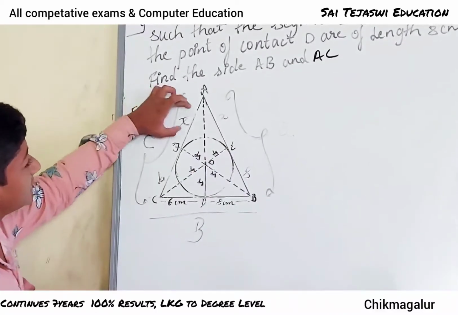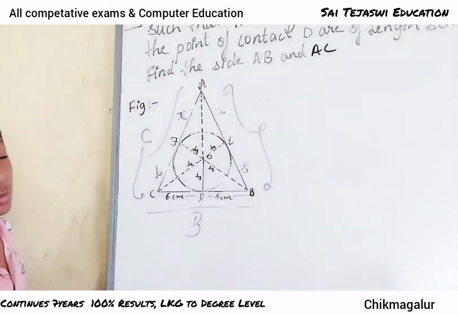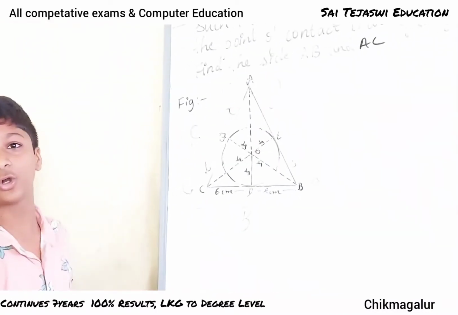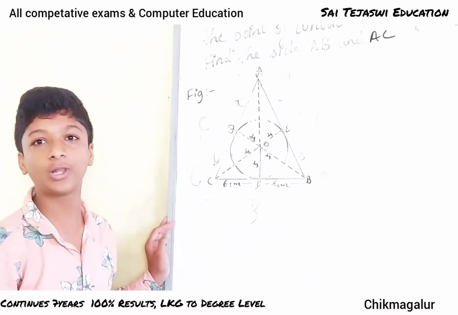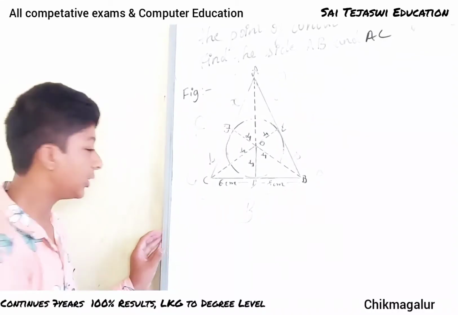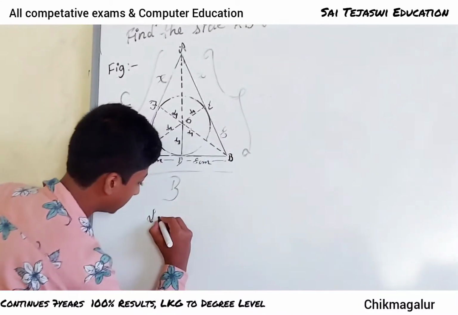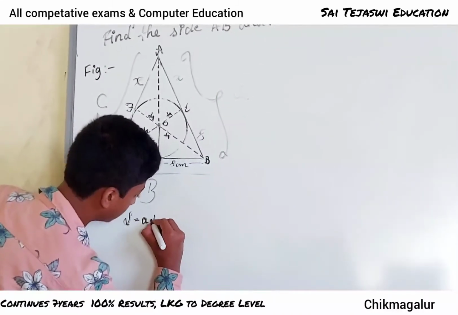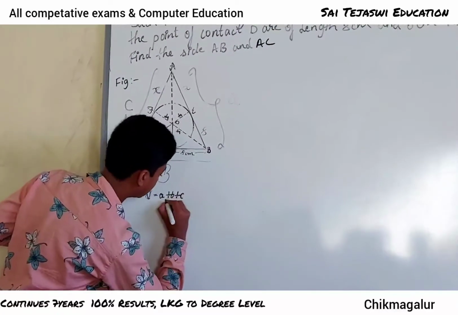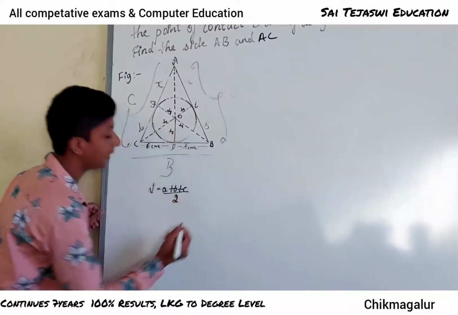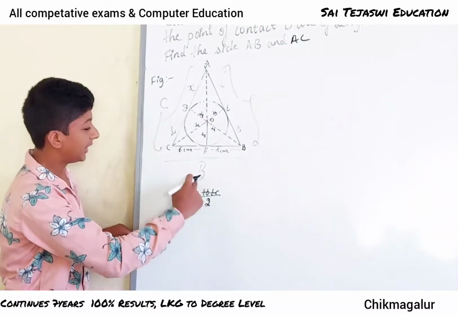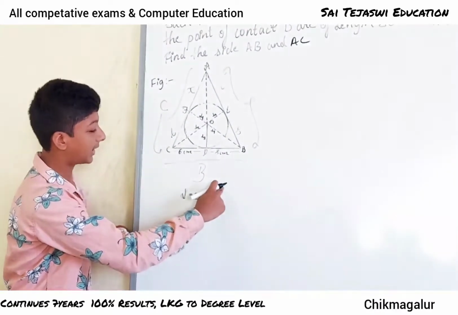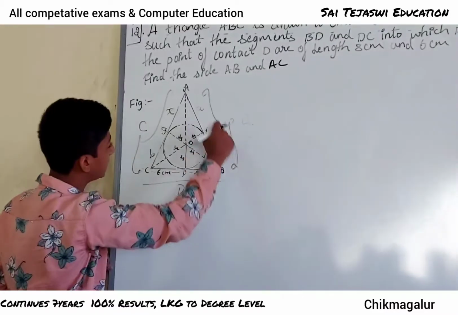Now to find the value of x, we should use Heron's formula, because they have not given the height of the triangle. First we should find the semi-perimeter, which is A plus B plus C divided by 2. Semi-perimeter means half, so we do 1 by 2 of all the lengths of the triangle. We consider this as A, which is 8 plus x.